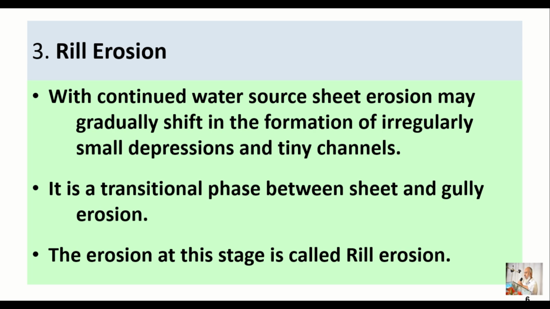Two rills combine together forming a larger channel, which may move into further larger channels, causing gullies. It is a transitional phase between sheet and gully erosion. The erosion at this stage is called rill erosion.